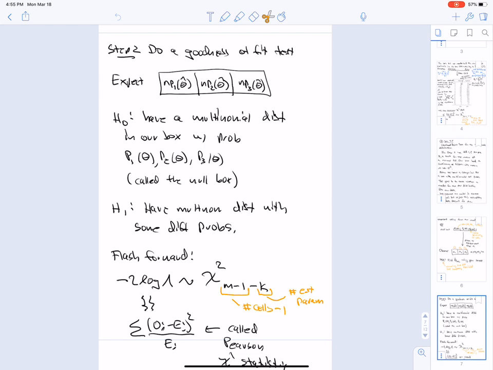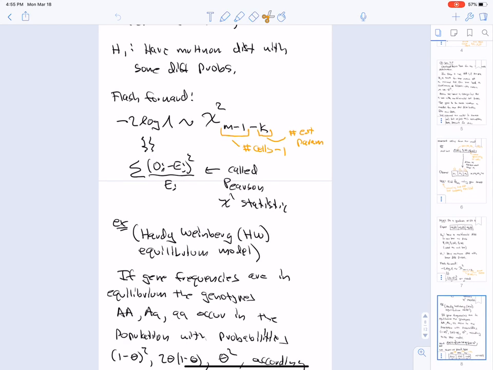Our null is that we have a multinomial distribution, and this is called the null box. And so assuming the null box is true, we know what the expected counts are. They'll just be n pi theta hats. The alternative is that you have some other different multinomial distribution.